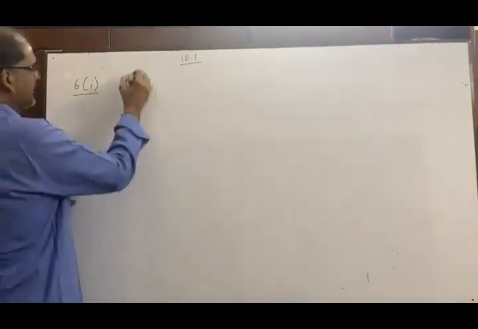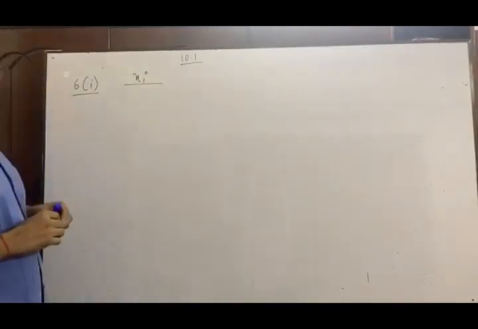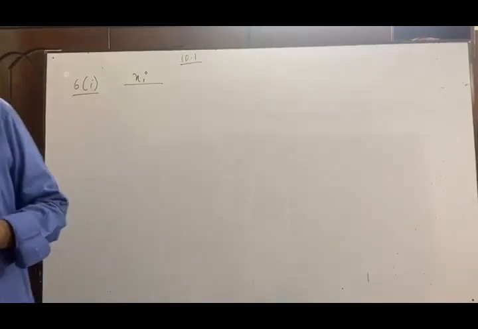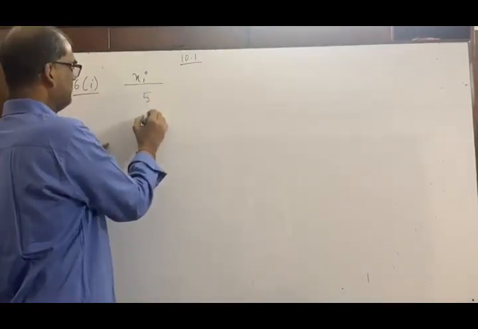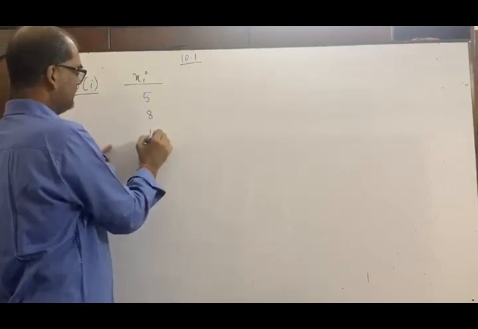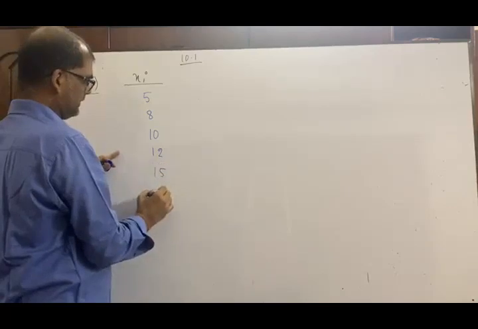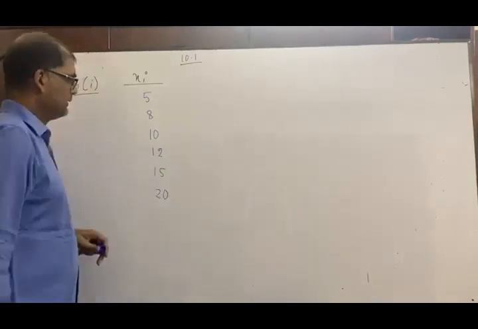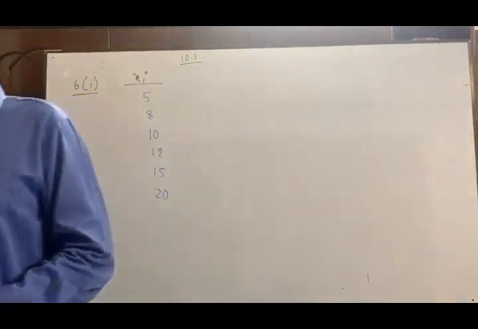Okay, the xi are 5, 8, 10, 12, 15 and 20. This is given xi.